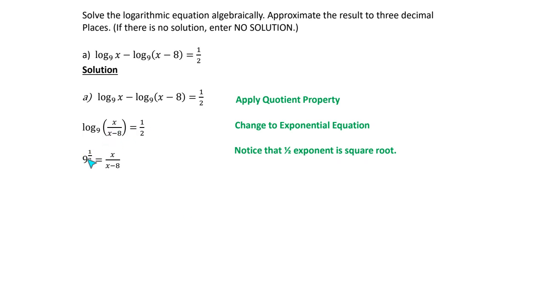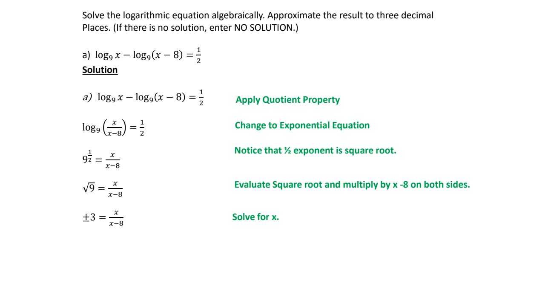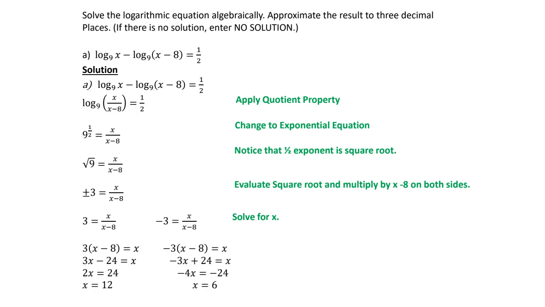And now I can multiply both sides by x minus 8. So 9 raised to the half power is the same as the square root of 9, which is going to be plus or minus 3, multiplied by x minus 8 on both sides. So I'm going to separate it, one for the positive and one for the negative.